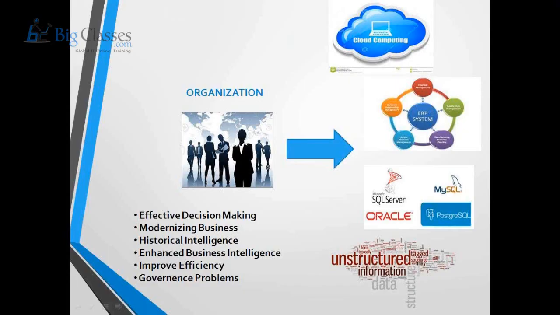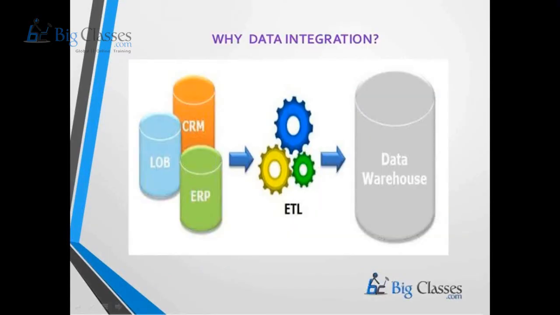Since we have these business problems, we integrate all the data into a homogeneous data store, which we call a data warehouse. This process of integrating data from multiple applications and loading it into a uniform data store is called data integration.